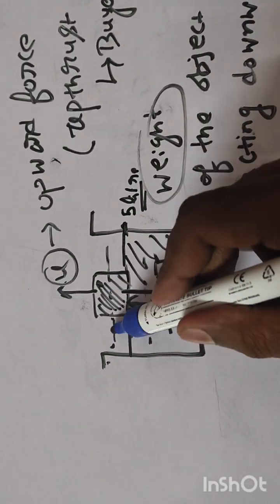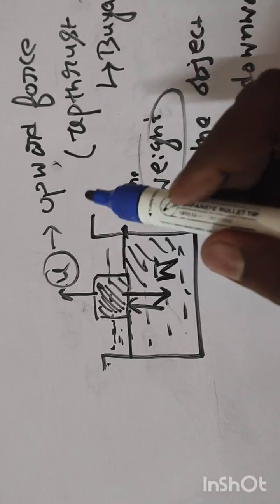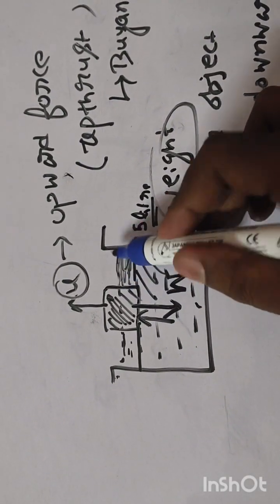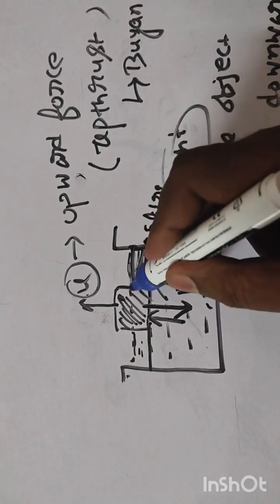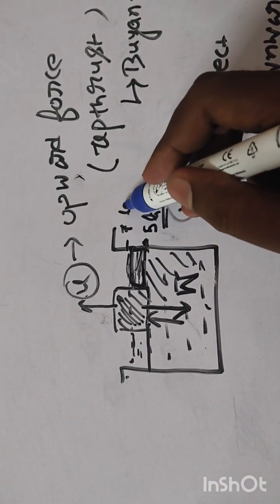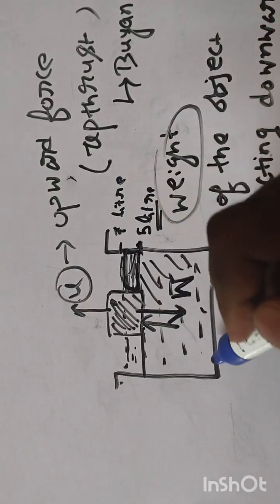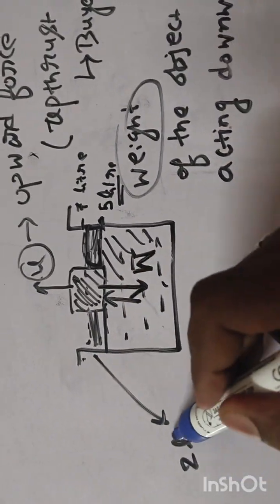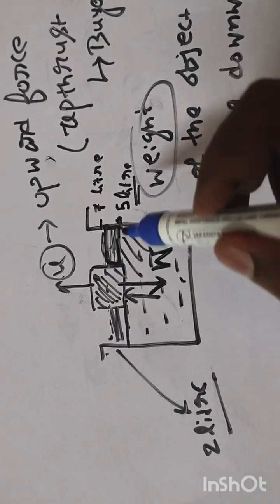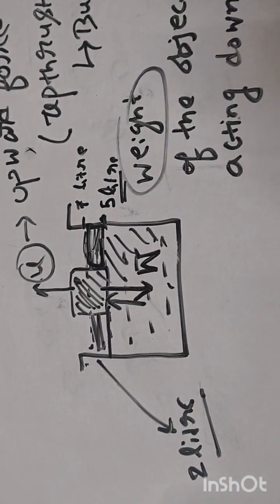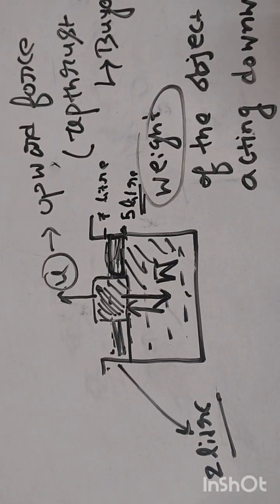Whenever you are sinking the object, or whenever you are just drowning the object, the level of the water is increasing. You all know, obviously the level of the water will be increased, and suppose the level of the water is now 7 liter. That means how much is the water level increased? Up to 2 liter. The volume of the water was 5 liter. Whenever you are pushing the object down, the water level is increased.